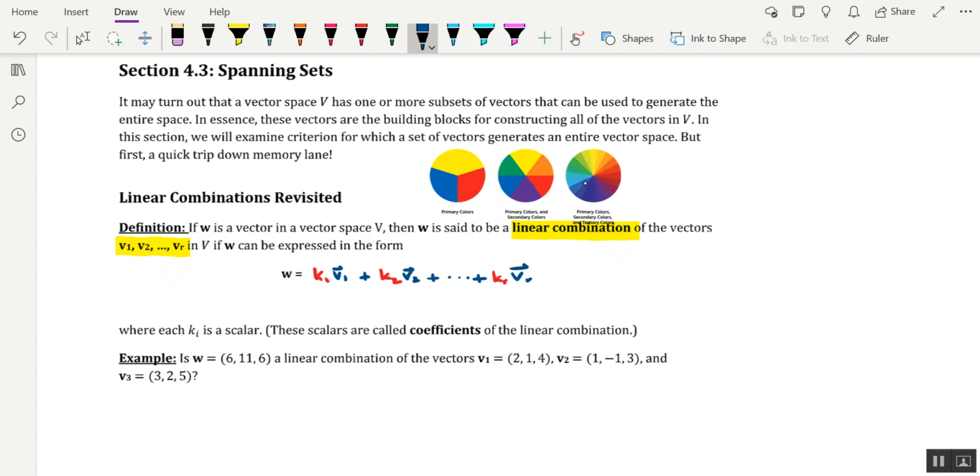And so what this is saying is that W is a mixture of the vectors V1 through VR.